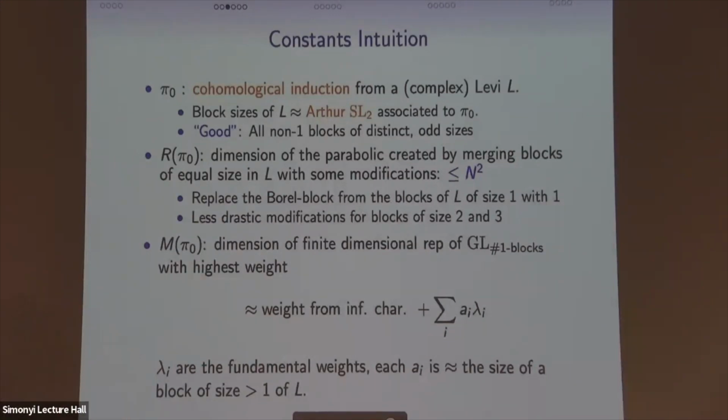The coefficients on this linear combination of fundamental weights are approximately the size of the blocks; each block of size bigger than 1 corresponds to one of these coefficients. And depending on how these blocks interact with the pi naught, that's which fundamental weight they're associated to. So that's sort of a flavor of where all these numbers come from.